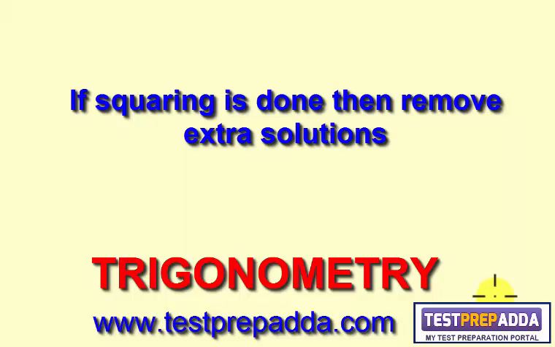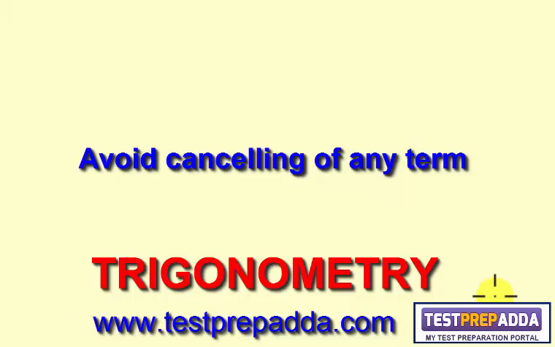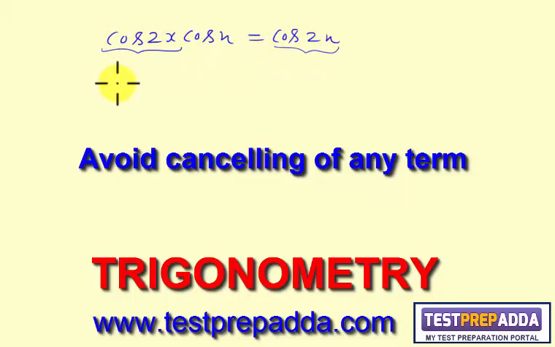Okay, and another important point, avoid the cancelling of any term. For example, if I write cos 2x into cos x is equal to cos 2x. Do not cancel this cos 2x and this cos 2x. Instead of that, you write the equation in this manner and take the common factor.